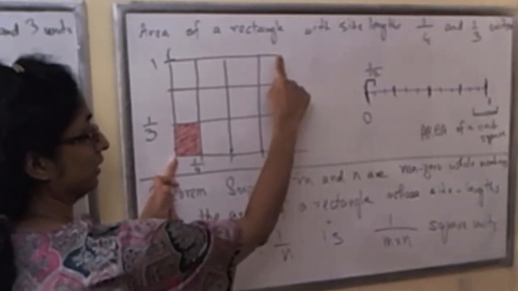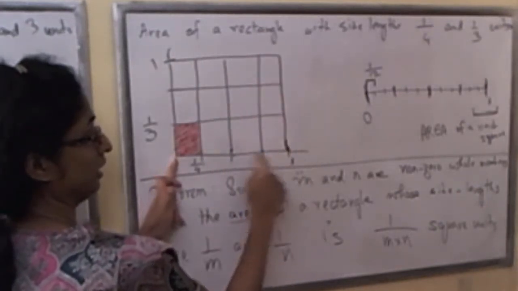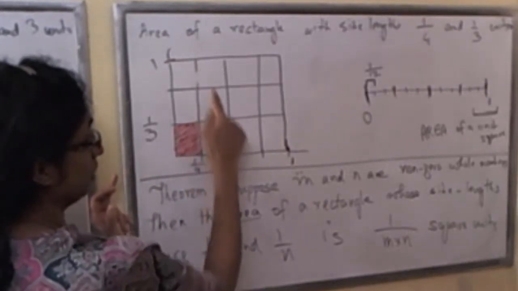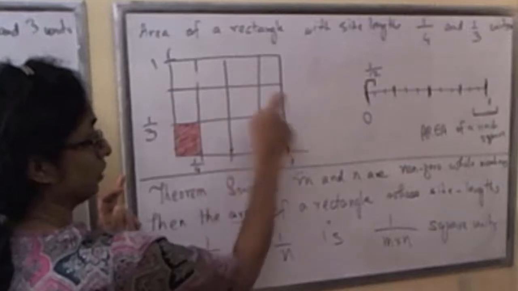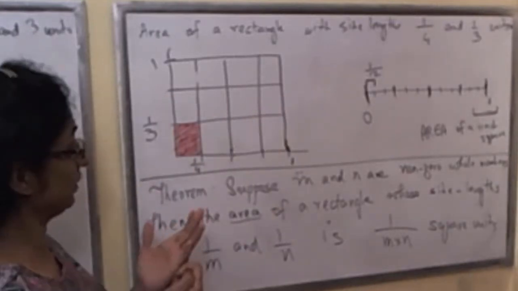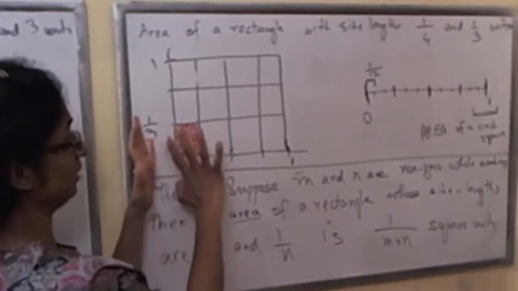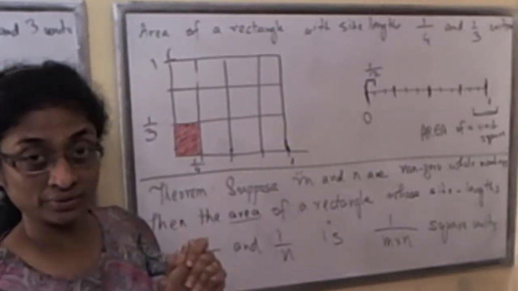Pull a vertical line, a horizontal line, and I complete that. And furthermore, I draw these vertical lines and horizontal lines. Now we can see how this particular rectangle is part of this unit square.